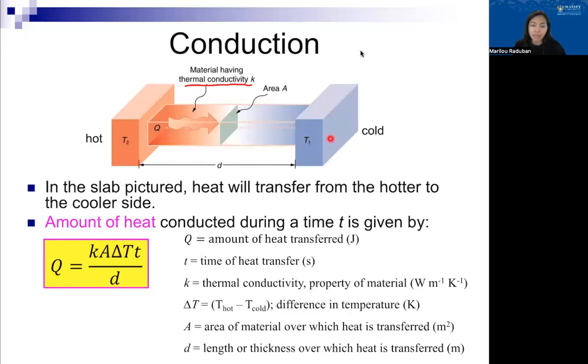The reverse: if the two objects are at the same temperature, then no heat is transferred between them. So the bigger the difference in temperature, the bigger the amount of heat. You have this direct relationship between the difference in temperature and the amount of heat.